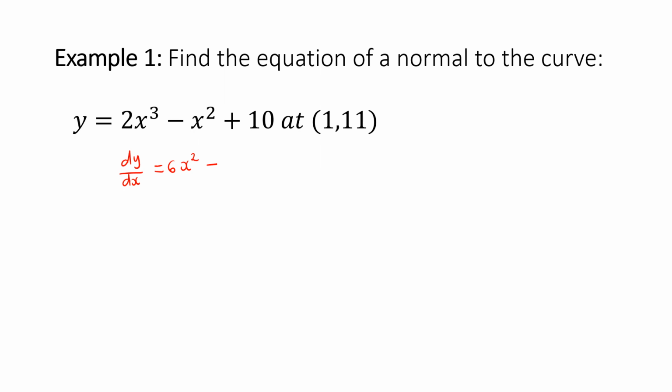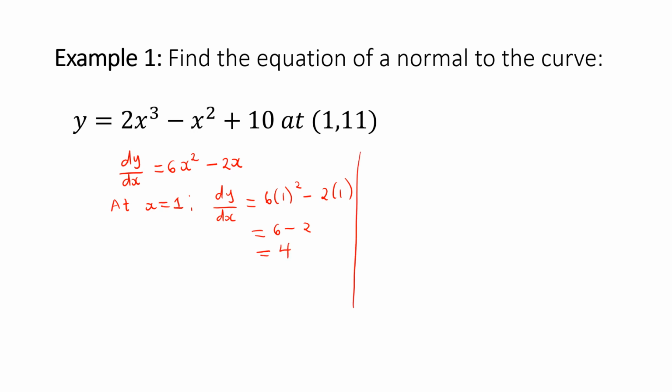Minus 2 by 1 gives me 2, I reduce the power by 1, I'll have minus 2x. So at x = 1, according to the coordinates we have been given, the gradient of the curve is given by substituting x with 1 in the gradient function. So this is 6 multiplied by 1 squared minus 2 multiplied by 1. This gives me 6 minus 2, which is 4.